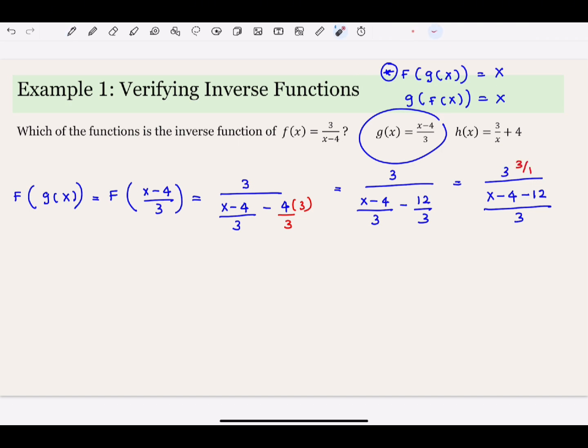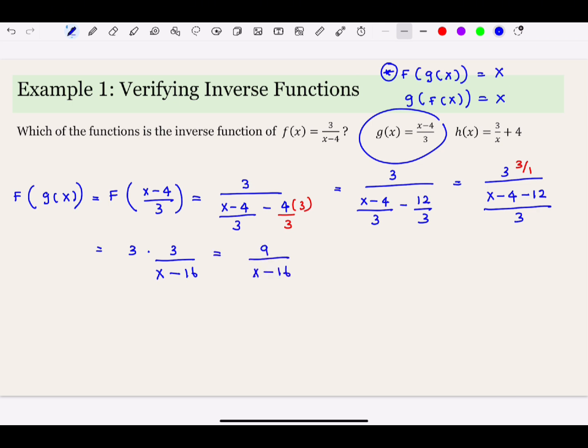So you have a fraction that you have to divide by another fraction, which means you have to multiply this term by the reciprocal of the denominator. So it's going to be 3 multiplied by the reciprocal of the denominator, which is 3 over (x − 16), since if you combine these two numbers, it's negative 16. This is going to give you 9 over (x − 16).